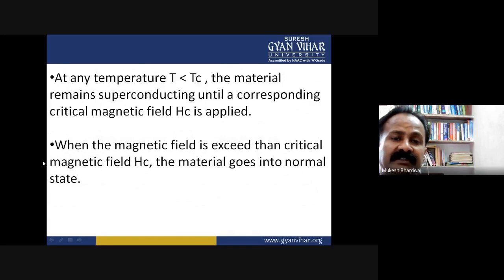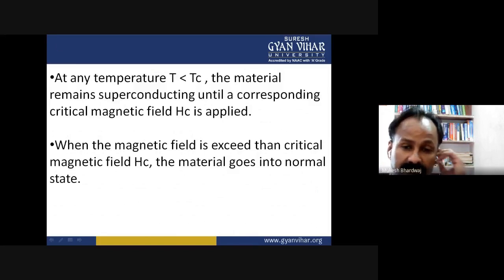At any temperature T less than the critical temperature, the material remains superconducting until a corresponding critical magnetic field Hc is applied. When the magnetic field exceeds the critical magnetic field, the material goes into a normal state at that particular temperature.